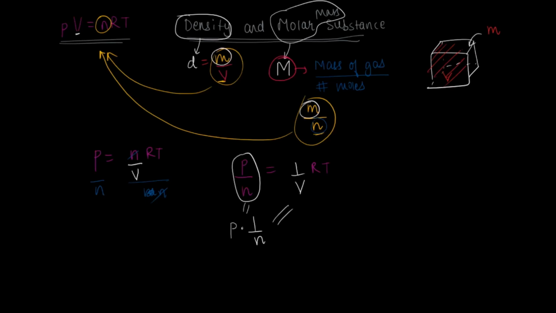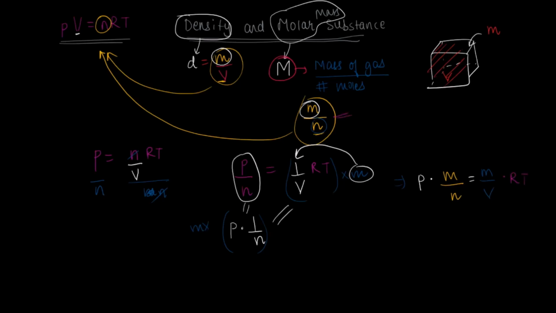So if you multiply both sides by the mass, you arrive at P, the pressure, times mass over the number of moles, is equal to m over capital V times RT.